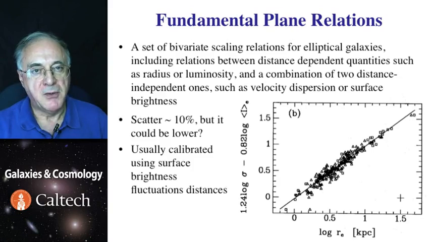The observed scatter of the fundamental plane in visible bands, say, is about 10%, so it's as good as the best of Tully-Fisher. It may be even slightly lower, and actually, why it is so small is an interesting problem in and of itself, which we'll come back to when we talk about properties of elliptical galaxies. Its zero point nowadays tends to be calibrated with surface brightness fluctuations.